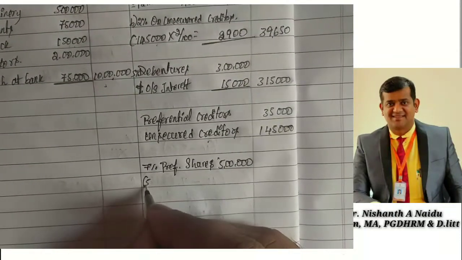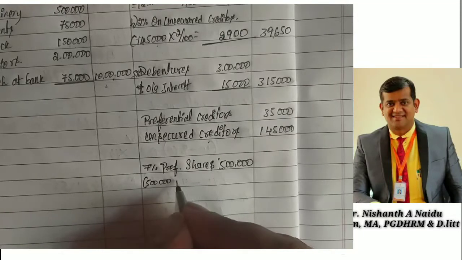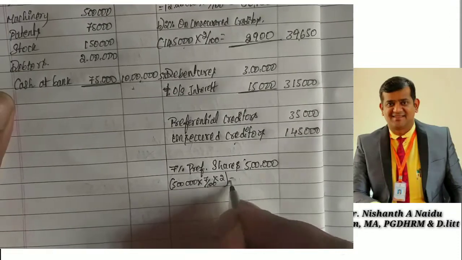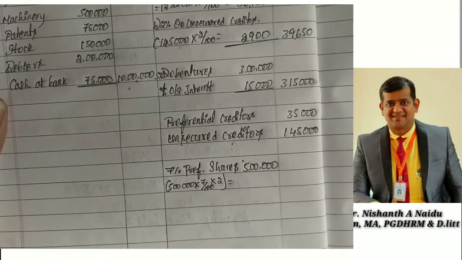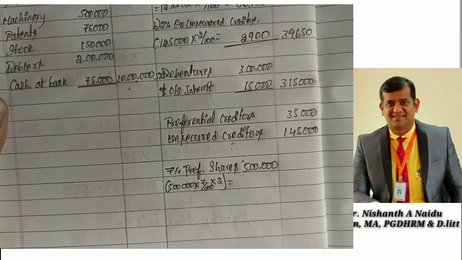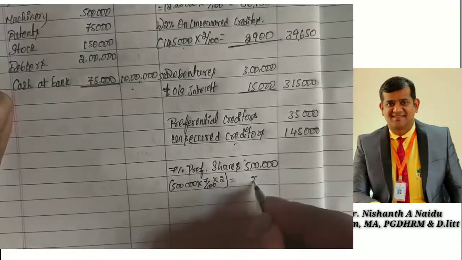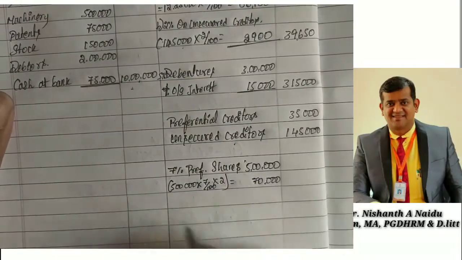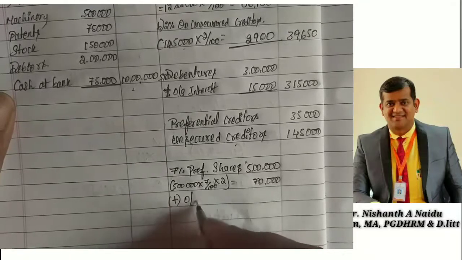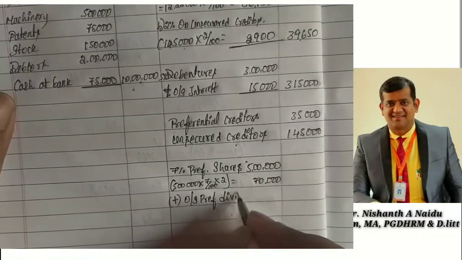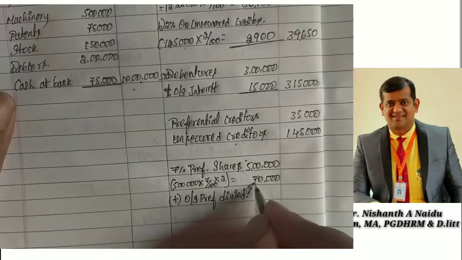So now calculate 5 lakh into 7% into 2 years. That comes to 70,000 rupees. So 70,000 rupees is added as outstanding preference dividend.